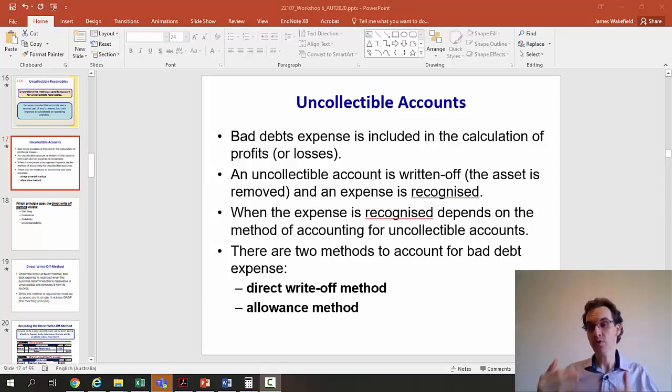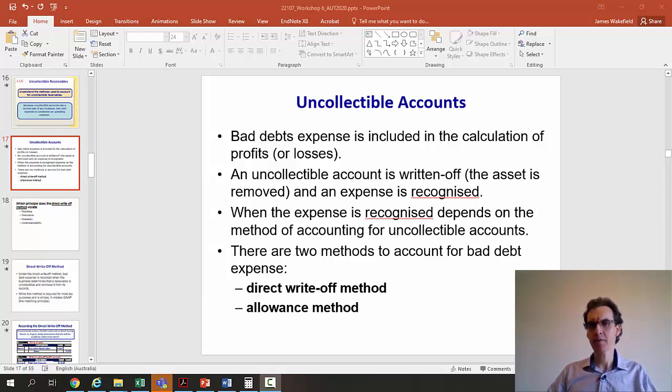As we've looked at a number of times, we need to match the expenses associated with generating revenues with those revenues. So if we offer easy credit and generate higher revenues, we need to try and match the bad debt expenses that are associated with that revenue and reflect that in our income statement.